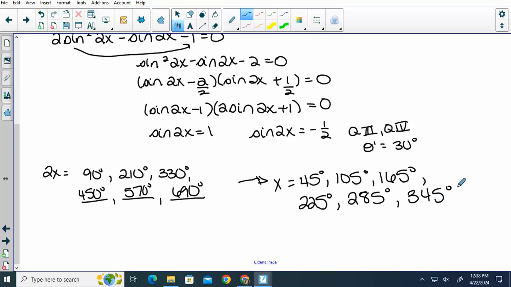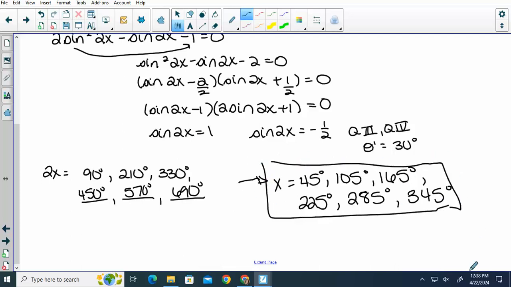You'll know if you did too many solutions because it will be bigger than 360. So you notice 345 is the closest we can get. So we are done.